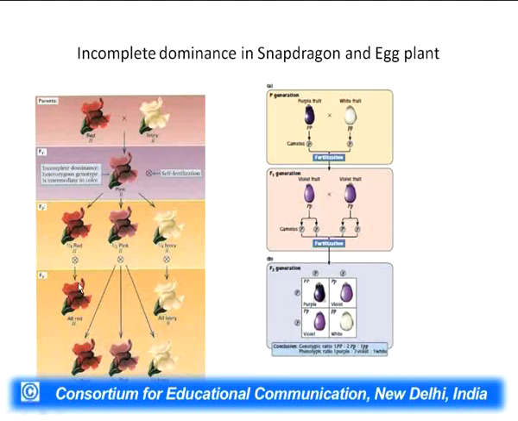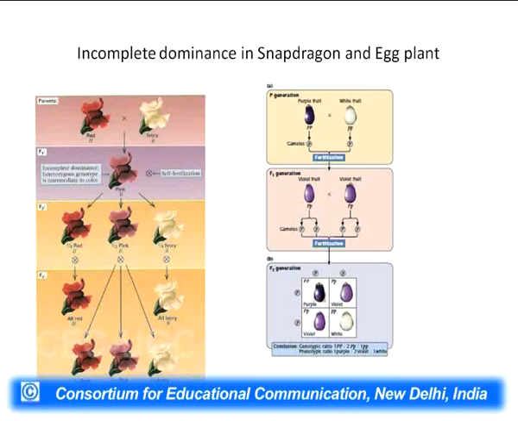And in the next F3 generation, we would find that the red ones would give all red, the pink ones would again give 1:2:1 segregation, and the ivory one would remain ivory, which again proves the purity of gametes. So, that means it is not a case of blending.